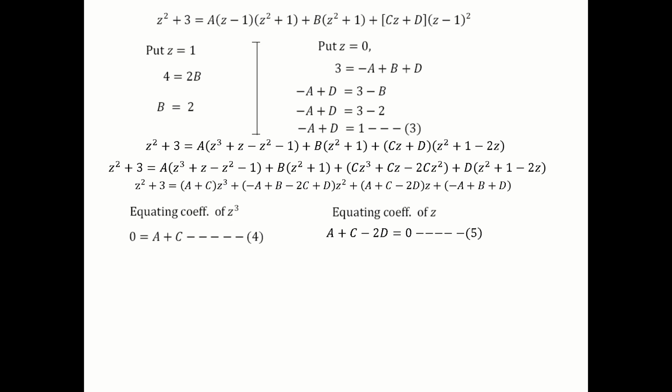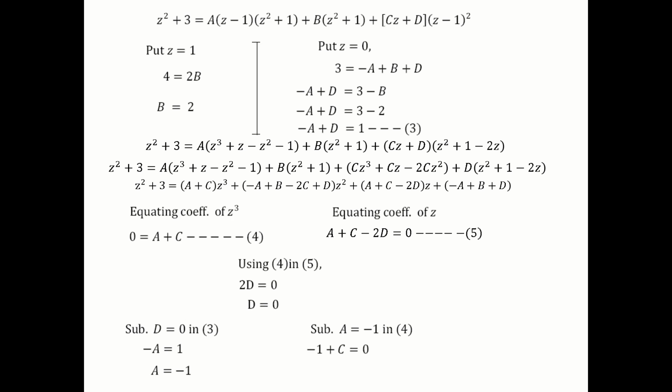Equation 2 becomes F of z by z is equal to A, minus 1 by z minus 1, B, 2 by z minus 1 squared, plus C, 1 into z, plus D, 0 by z squared plus 1. Multiplying by z, you will get F of z which is equal to minus z by z minus 1 plus 2z by z minus 1 squared plus z into z squared by z squared plus 1.